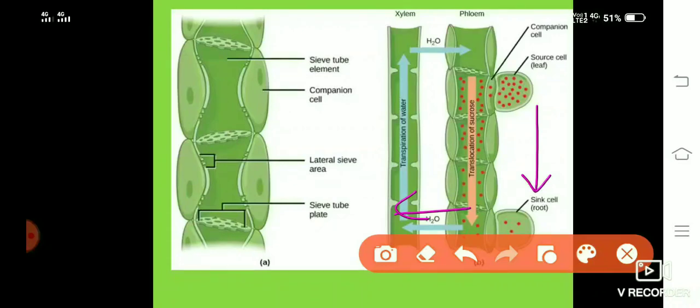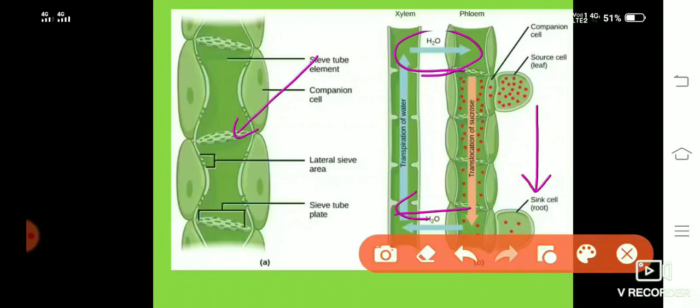So mainly three important steps are involved in it. The first one is food prepared by the leaves moves into the sieve tubes of the phloem with the help of energy from ATP. Second step, water enters along with the food by the process of osmosis.